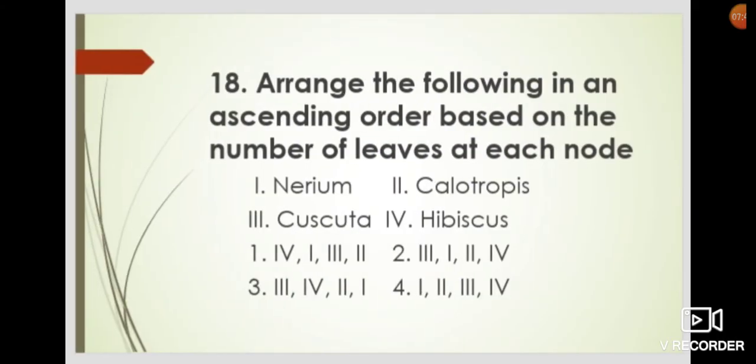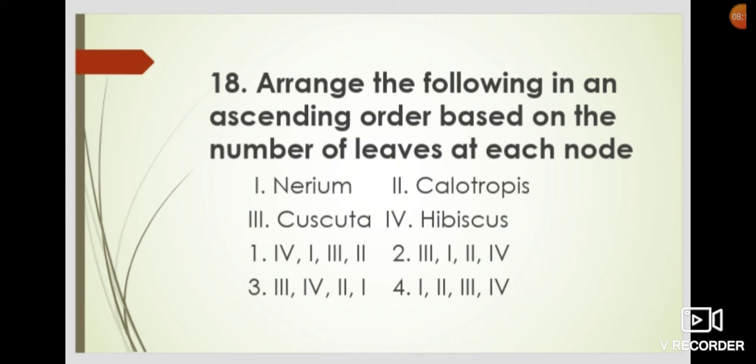Next question number 18. Arrange the following in an ascending order based on the number of leaves at each node. Nerium, Calotropis, Cuscuta, hibiscus. Right answer is third one. 3, 4, 2, 1.